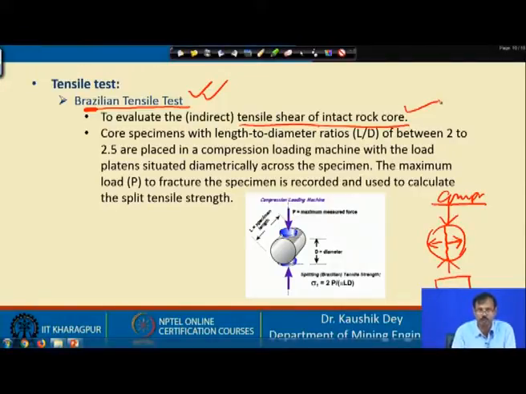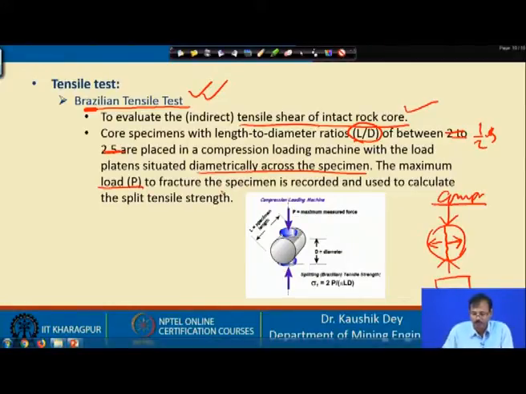In this test, a core specimen with an L by D ratio of half is taken under a compressive loading machine, and platens are placed diametrically across the specimen.